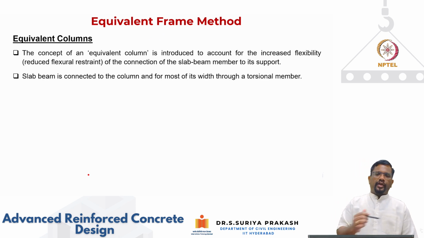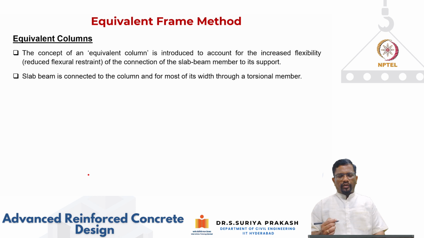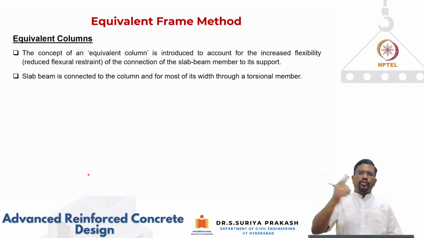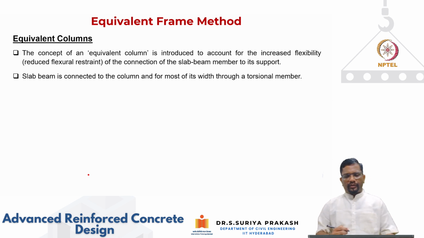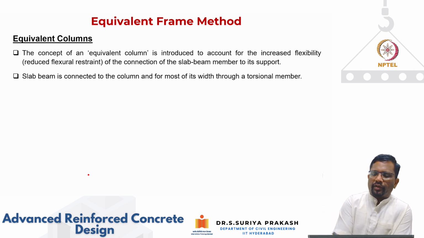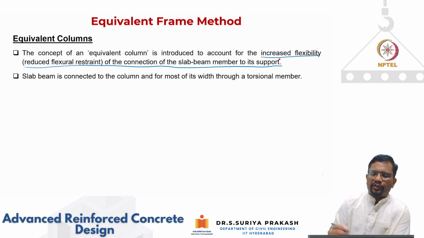So why are we talking about an equivalent column? Because somehow I have to include the partial stiffness of the transverse beam in the calculation. The concept of an equivalent column is introduced to account for the increased flexibility of the connection of the slab-beam member to its support.